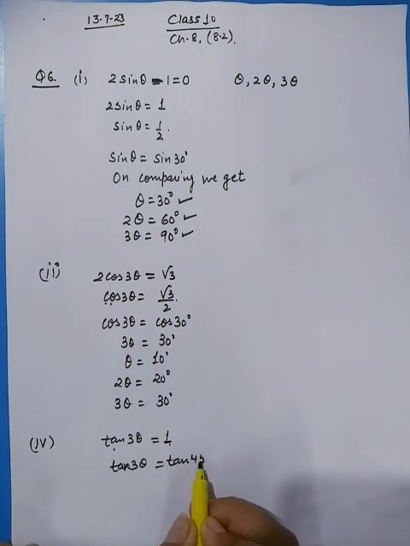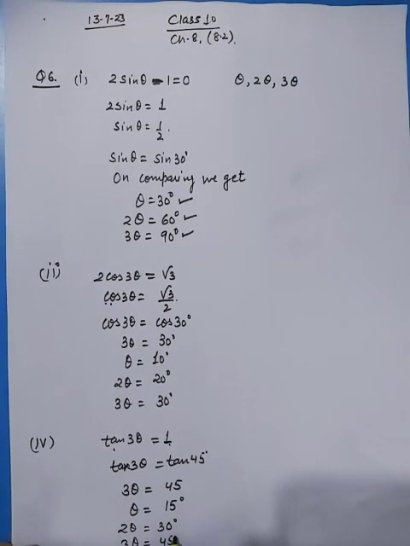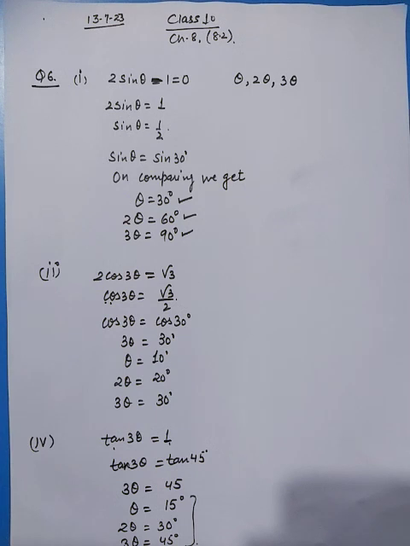So in place of 1 we can write tangent 45 degree. On comparing we get 3 theta is equal to 45 and theta is equal to 15 degree. 2 theta will be 30 degree and 3 theta will be 45 degree. Similarly, you can try the remaining part of this question.